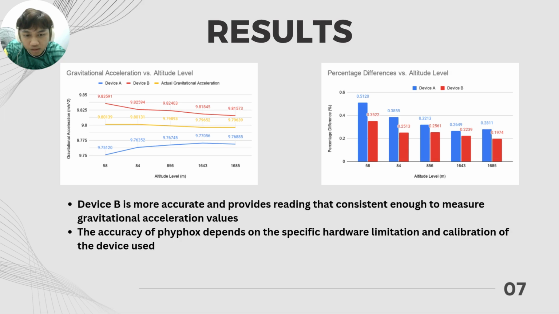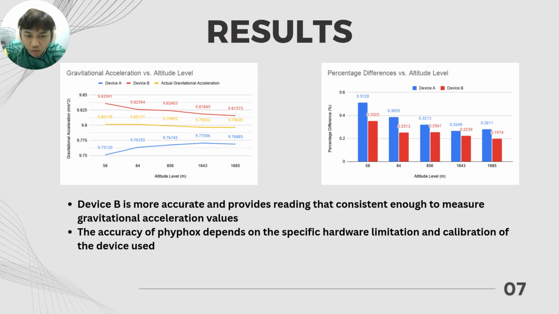Next, if we look at the percentage difference, we can see that device B has a consistently lower percentage error, in the range between 0.974% and 0.3522%. Compared to device A, which shows a higher error, between 0.2649% and 0.512%.